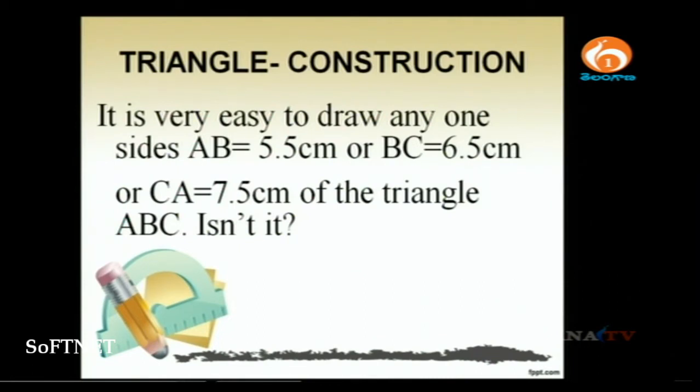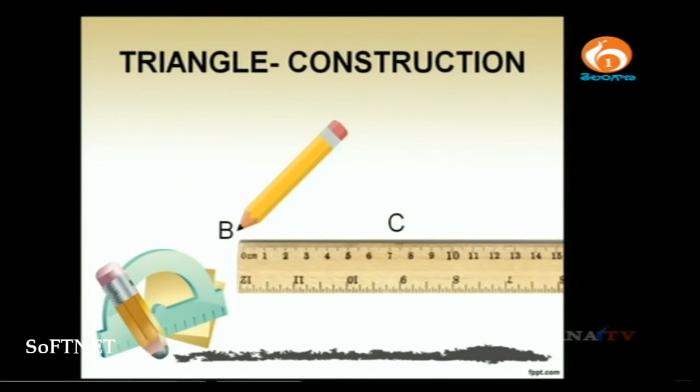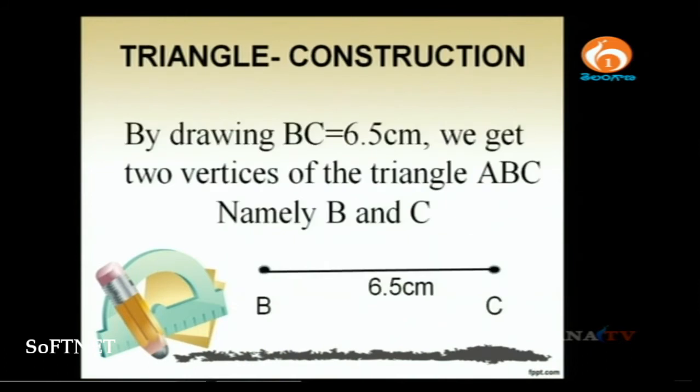Let us discuss how it can be drawn. For example, you have drawn a line segment BC is equal to 6.5 centimeters like this. Up to 6.5 it has stopped. That means you have drawn a line segment BC with the length 6.5 centimeters.